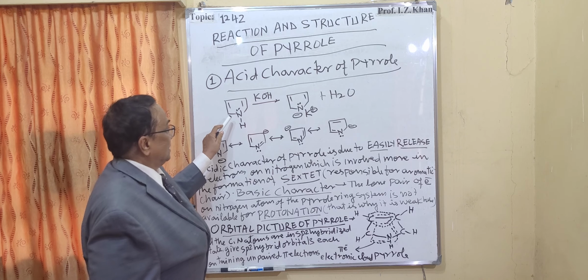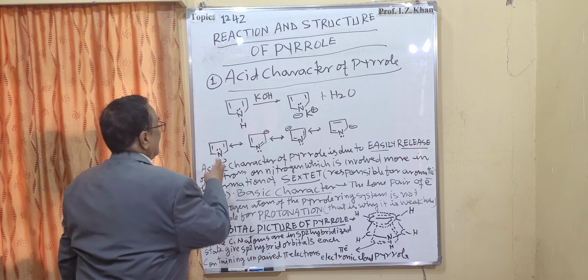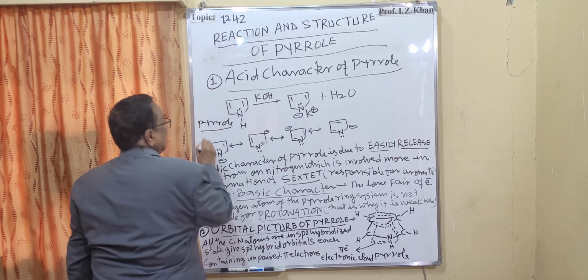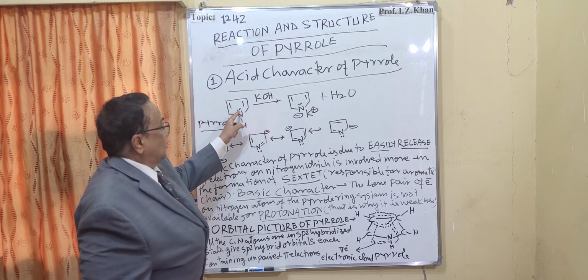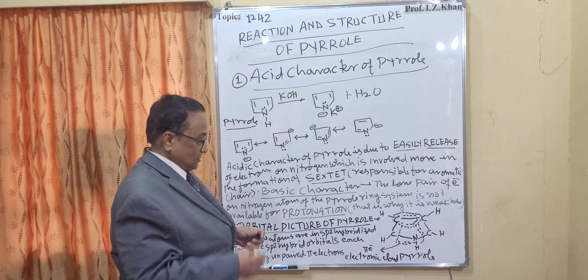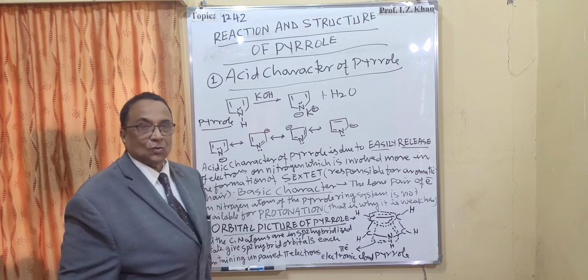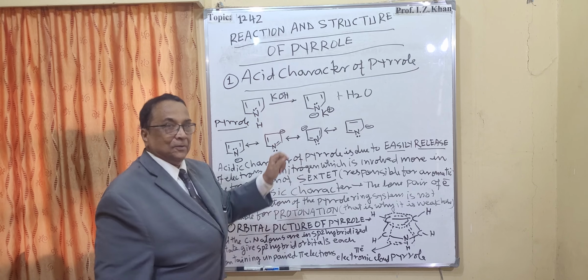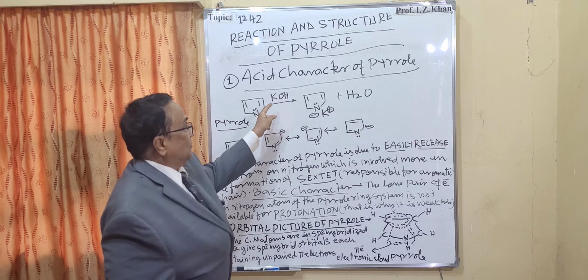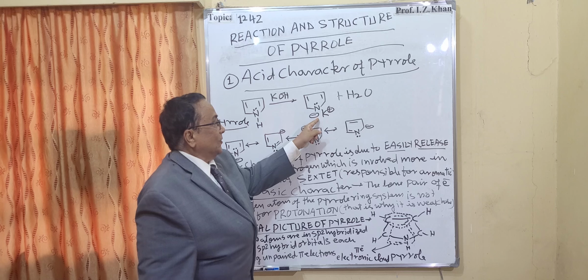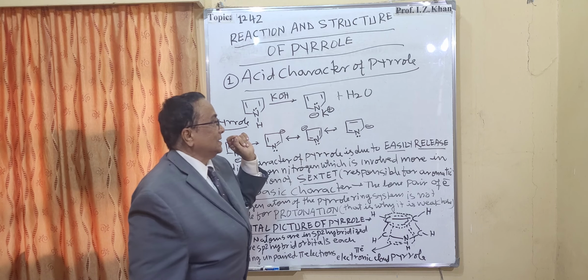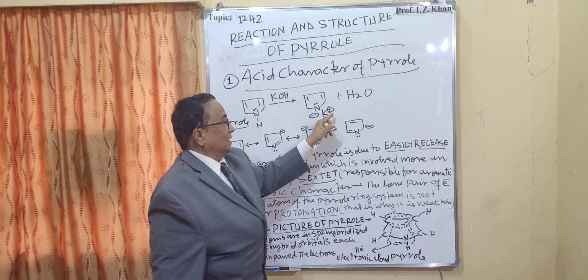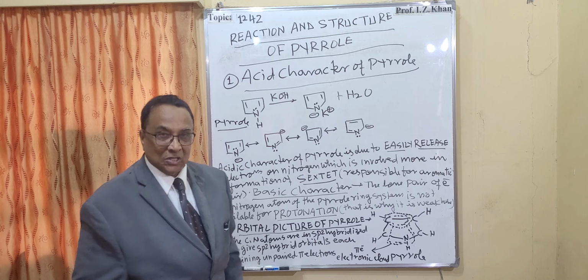So here it is the pyrrole compound, and in this pyrrole you can see that two lone pair of electrons are sitting over nitrogen, and they become part of the sextet, and that's why with potassium hydroxide it very easily combines and forms the salt, because these two electrons are very easily available to this potassium ion.